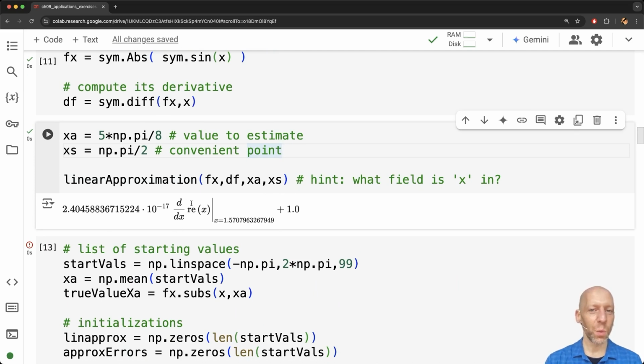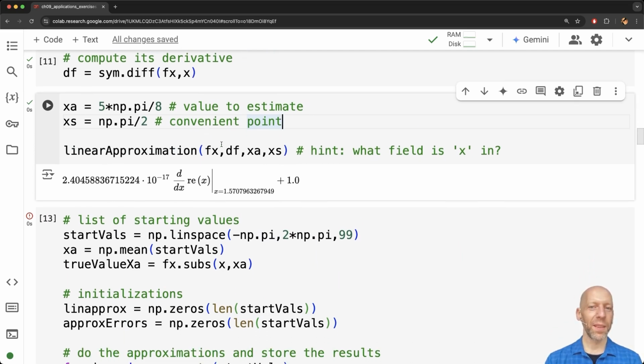Now, when you look at this, one hint that SymPy is still doing the right thing, still calculating the right answer, is that you see this number here, 2.4 something times 10 to the minus 17. So this is essentially 0. And this is something to do with the derivative being evaluated at a real number of pi over 2. But don't worry about this. Whatever all of this stuff is, it's the product of something that looks weird with 0.